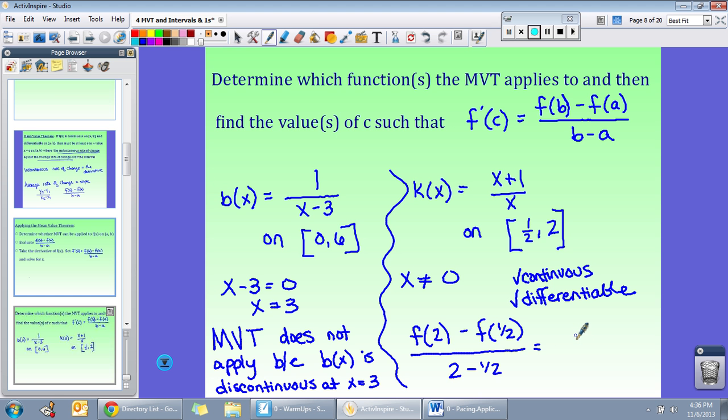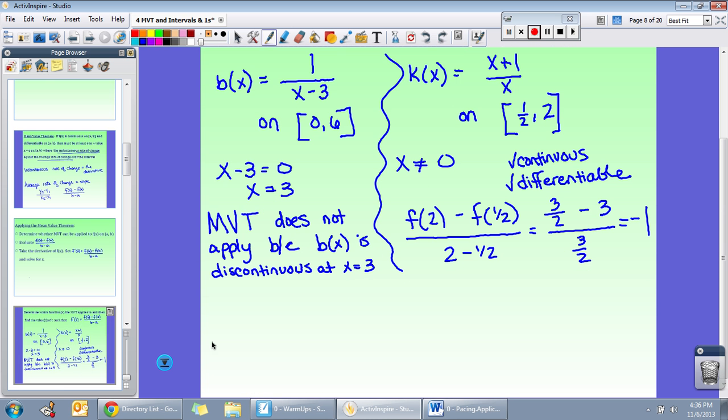When you plug these into the calculator, you should get 3/2 minus 3 over 3/2. When you do that subtraction, this is going to be negative 3/2 over 3/2, so this answer should be negative 1. This is the average rate of change.